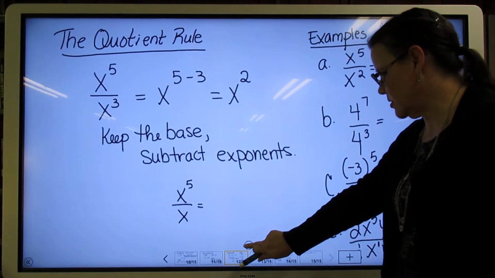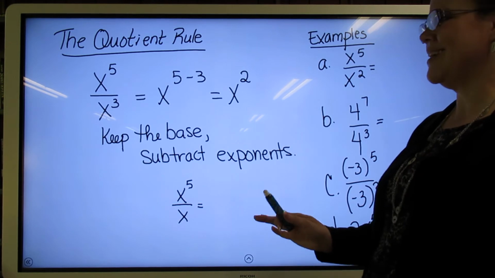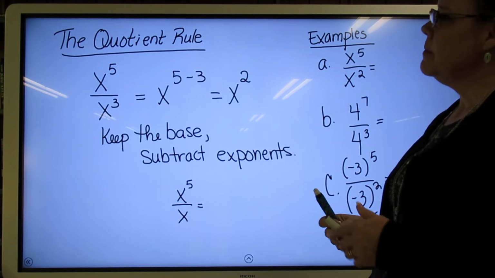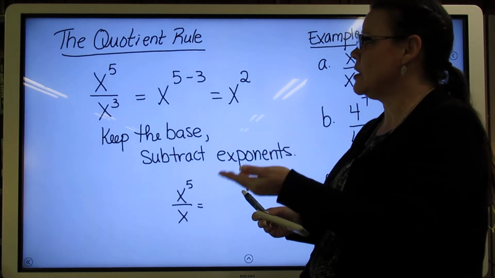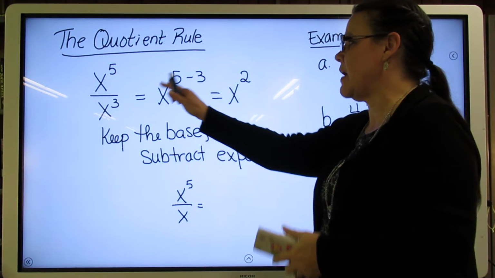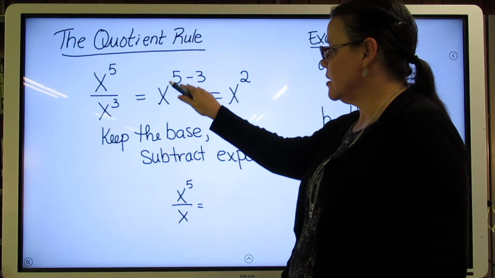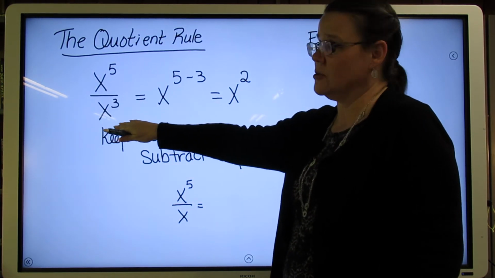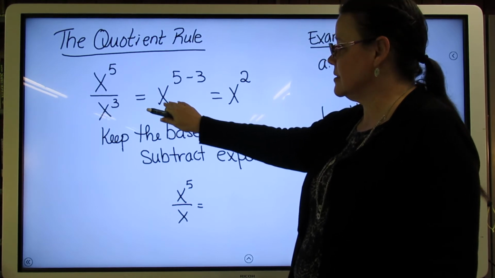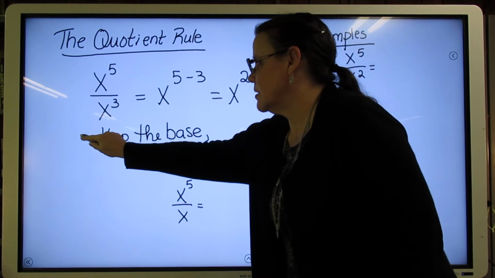Quotient rule. We're going to do this one real quick. Not going to be too hard. Because with the multiplying one, we had to add the exponents, so you do the opposite with the quotient rule. When you're dividing, you subtract the exponents. So this sample up here is x to the 5th divided by x to the 3rd. You keep the base, subtract the exponents. And guess what?